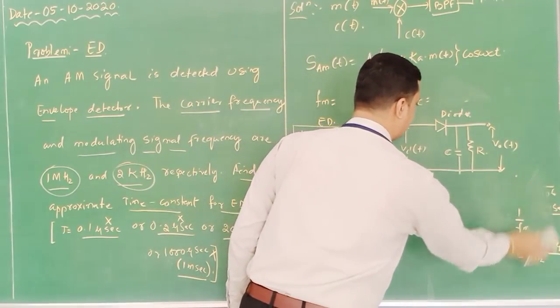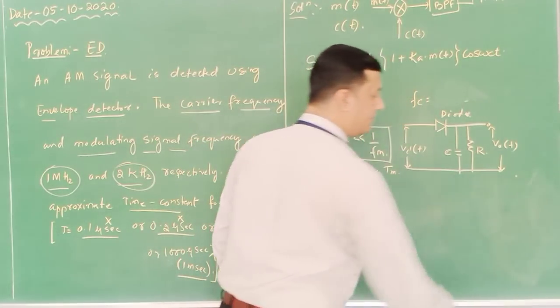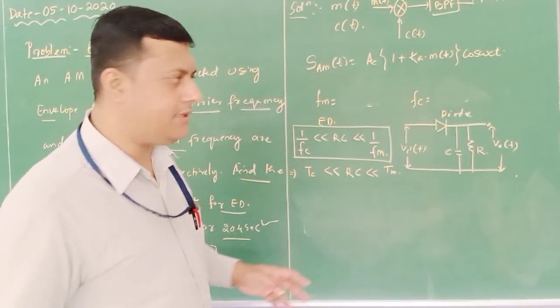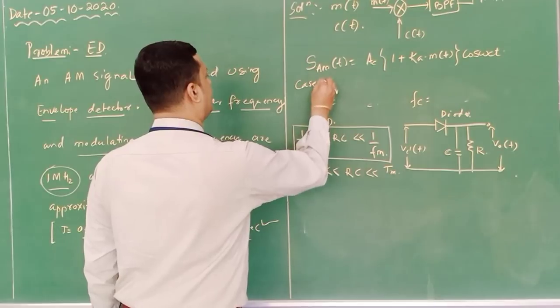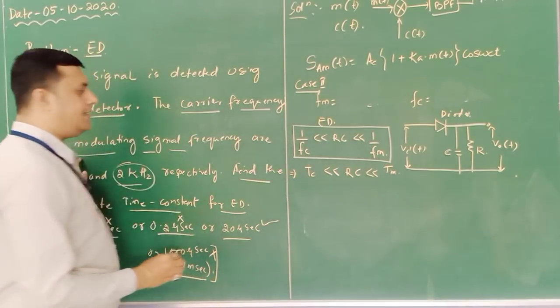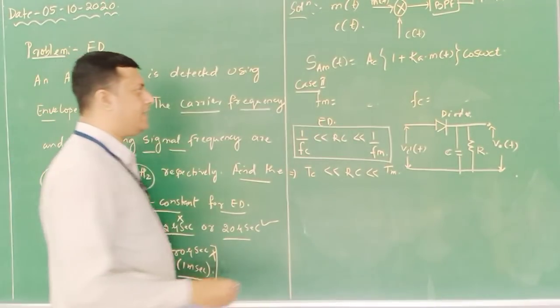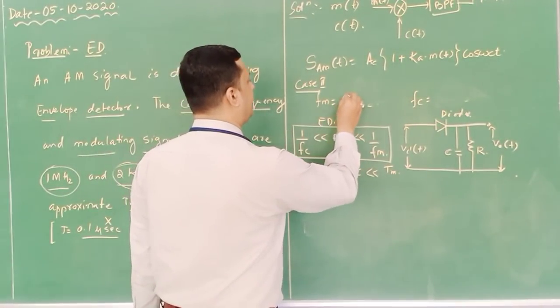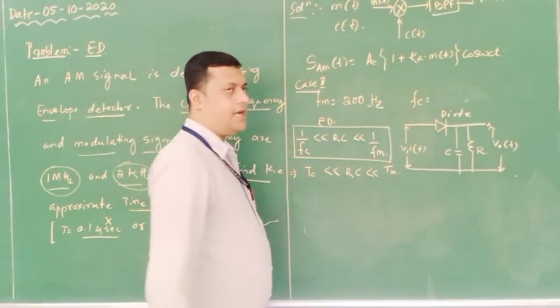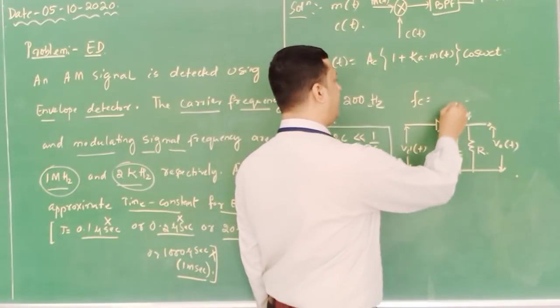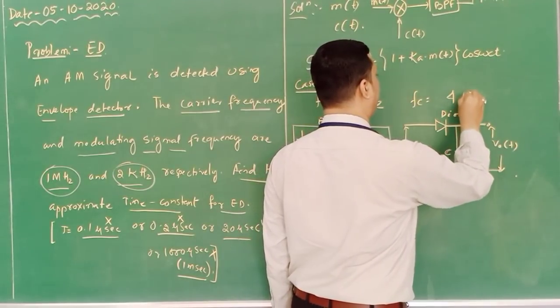Okay. So let us consider the above one as case 1. Now it is case 2. As per the given question, it is case 1. Let us consider case 2. Fm is 200 Hz and your carrier frequency is 4 megahertz.